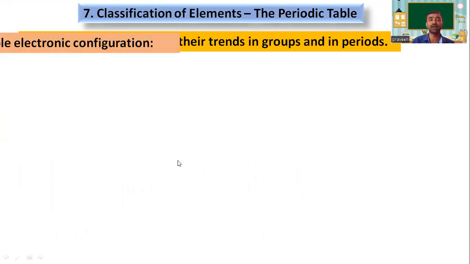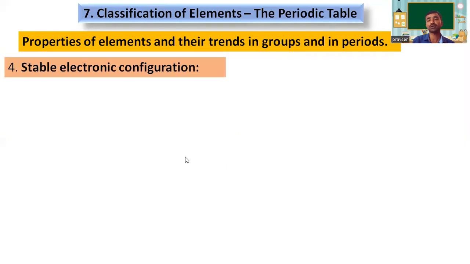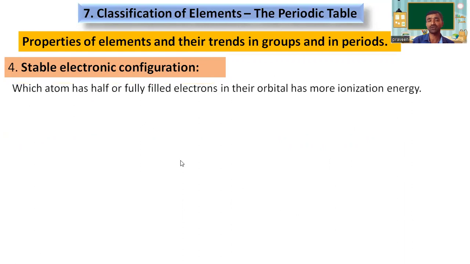Next one is stable electronic configuration. What does stable electronic configuration mean? If any atom has its shell left with 8 electrons, or orbitals left half filled or completely filled, then it is called a stable electronic configuration.